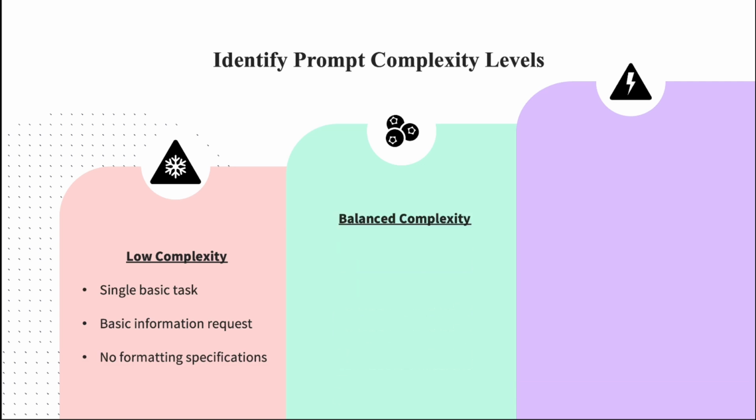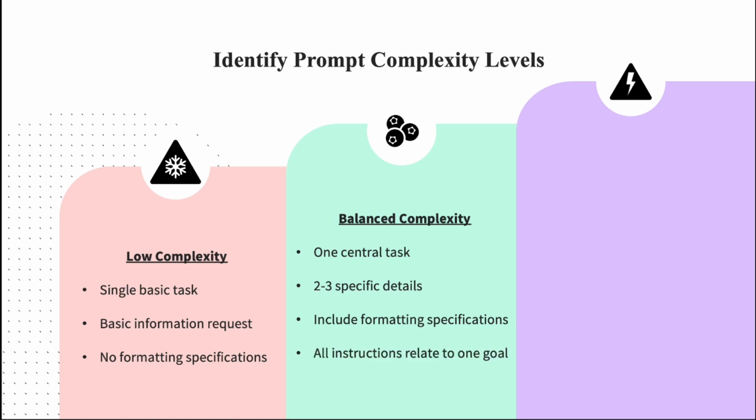Balanced complexity. It involves a prompt with one central task and two to three specific details. It also includes particular formatting specifications or audience requirements where all instructions relate to one goal.